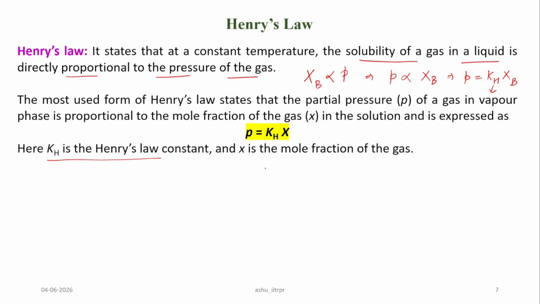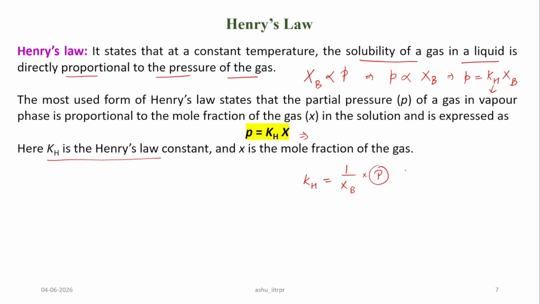Now, what important conclusion can we derive from here? If I write the same expression in another way, I can write it in the form of KH, equal to P by chi of the gas.